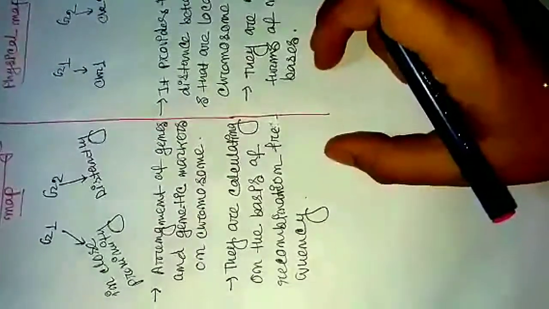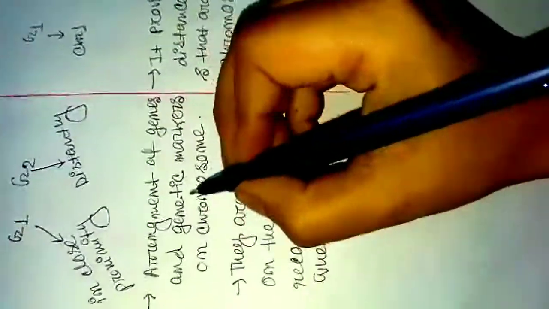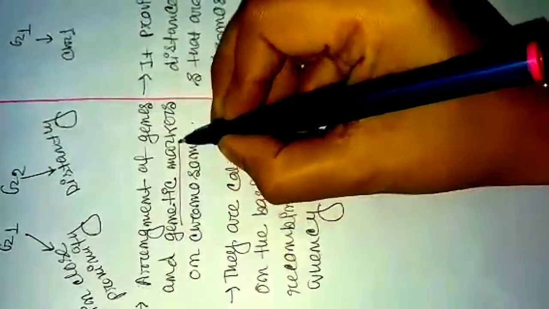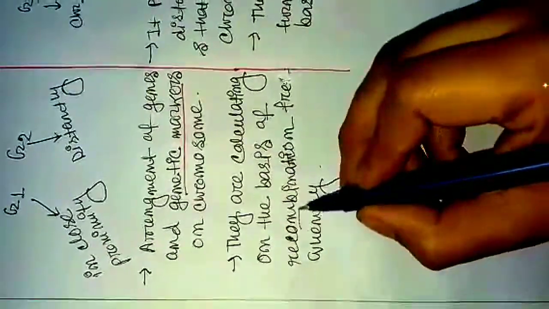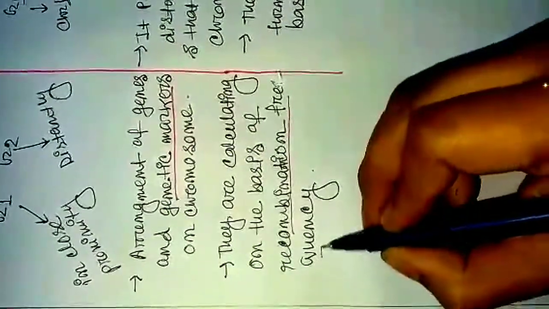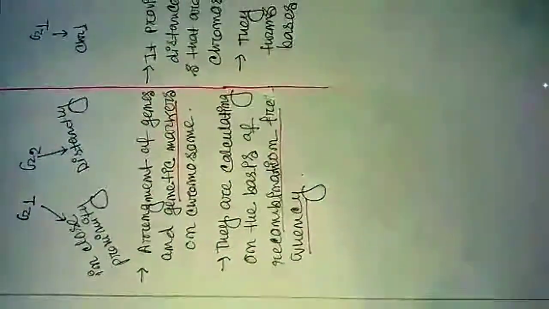Okay, so this is the difference between them. So now we have to understand what is a genetic marker and what we mean by recombination frequency. These two terms we have to understand.